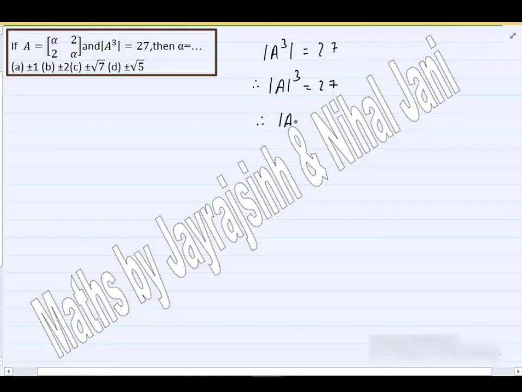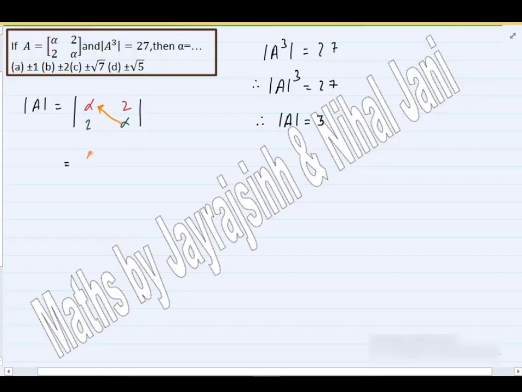So indirectly we have determinant of A is equal to 3. Okay, so let's get the determinant of A from the matrix to get our alpha. So determinant of A is nothing but alpha, 2 and 2, alpha, right? Now let's simplify.